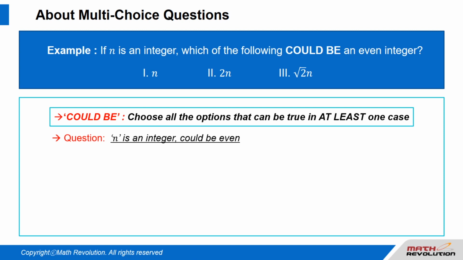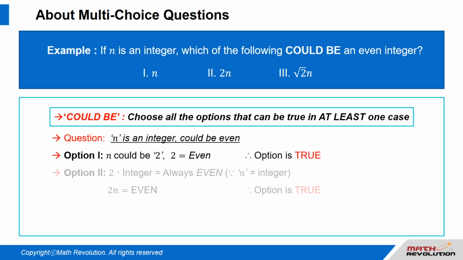N is an integer, so it can take any value, -4, -1, 0, 3, 10, and so on. We are looking for the options that could be even. Option 1, n. N could be 2, which is even, and the option is true. Option 2, 2 times n. Since n is an integer, 2 times integer will always be even, so 2 times n is even, and the option is true.